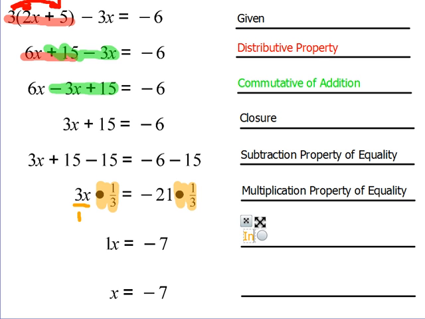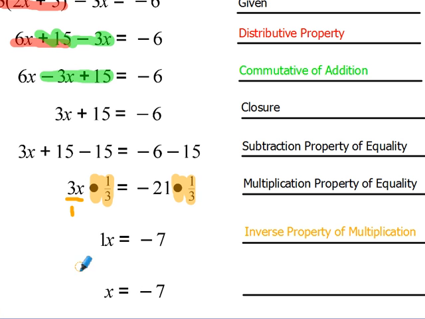So this is going to be the inverse property of multiplication. That's what happened. Alright, down here, negative 7 is the same, x is the same, so the only thing that changed is it got rid of this 1.